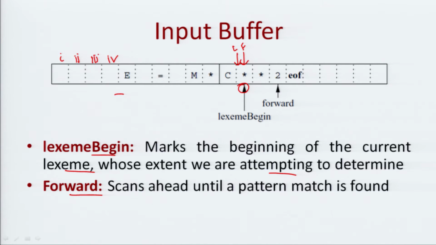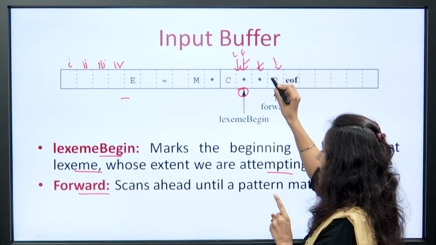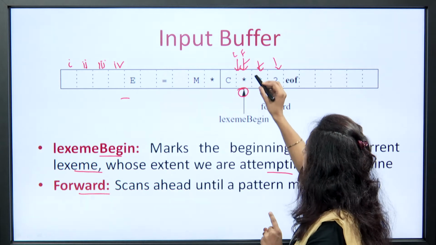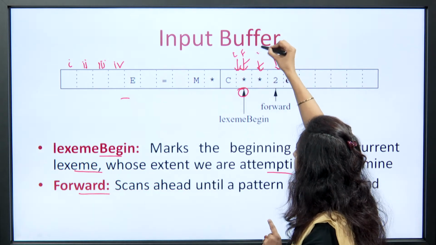Suppose this is the beginning of the next lexeme, so it is pointing over here. Now the forward pointer will advance one cell to the right, and here again we get the star, and then it will advance one cell to the right. Here we get 2. After reaching this particular cell, we come to know that this is not part of the lexeme; we must have the lexeme up to the previous cell.